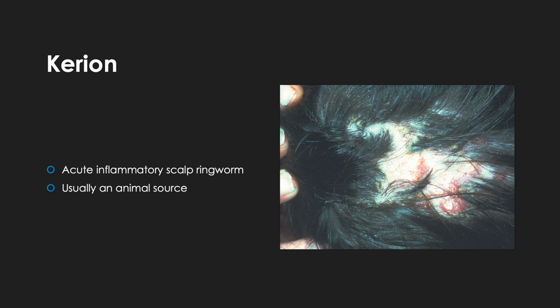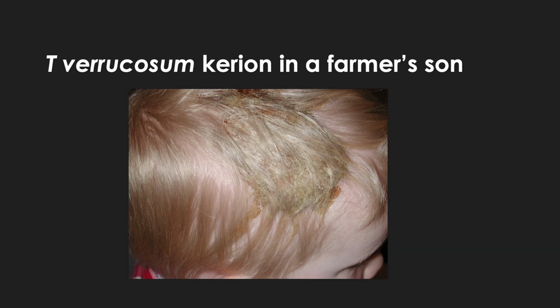It's usually due to either cattle ringworm or ringworm acquired from cats and dogs. This little lad is a farmer's son. He acquired Tinea capitis from cattle, and he's got Tinea verrucosum producing this scaly, oozy area. And once this was lifted off, there was a large area of hair loss.